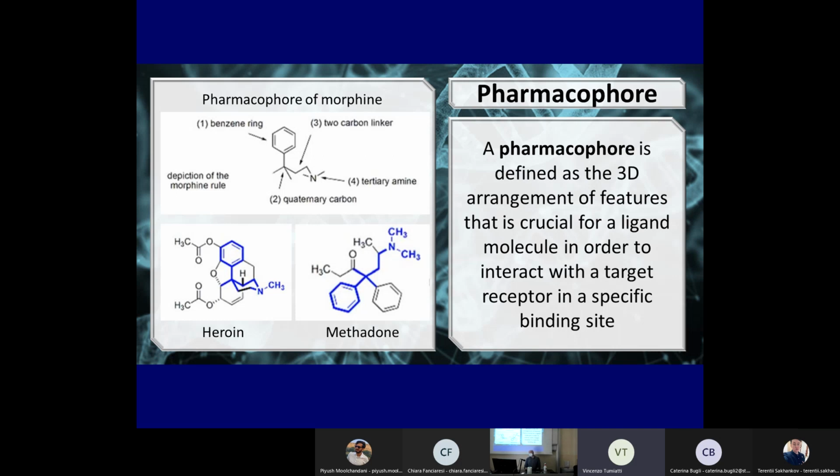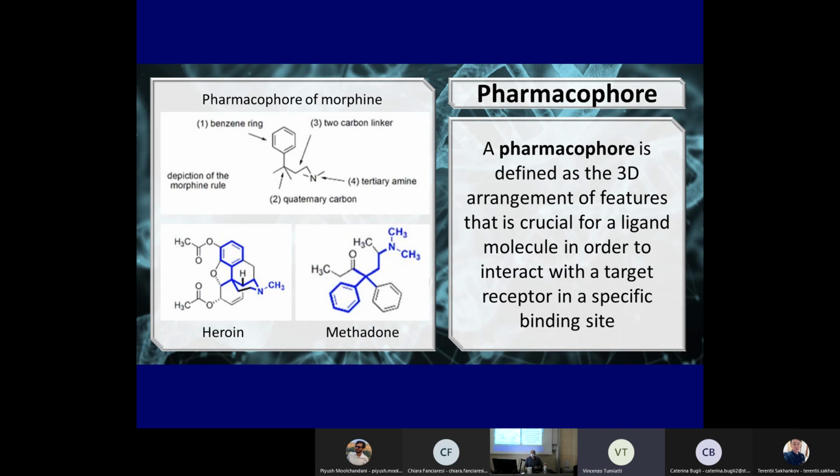Yes, okay. It's not so easy, this type of operation. Sometimes you get another molecule without activity, yes, of course, or you can amplify the side effects. It's also possible.